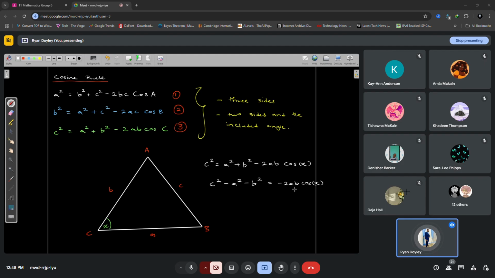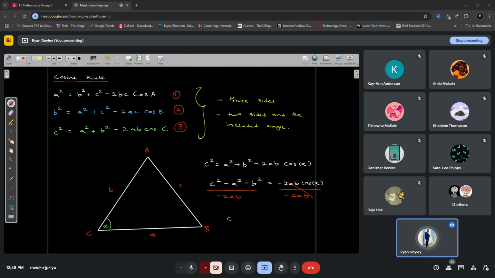And then we would divide both sides by negative 2ab. So that will cancel.